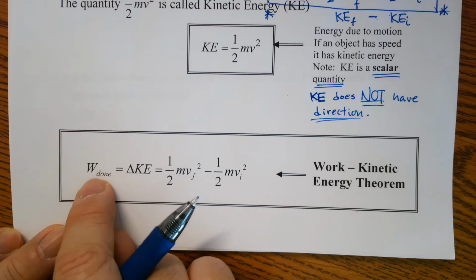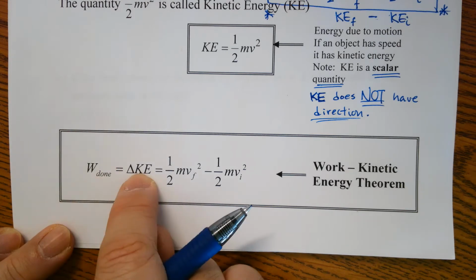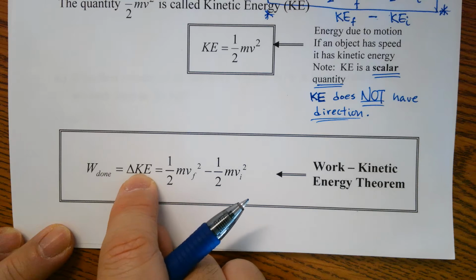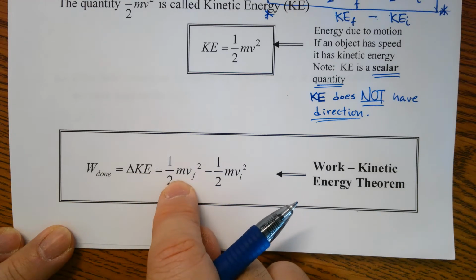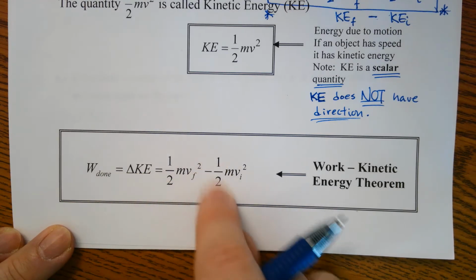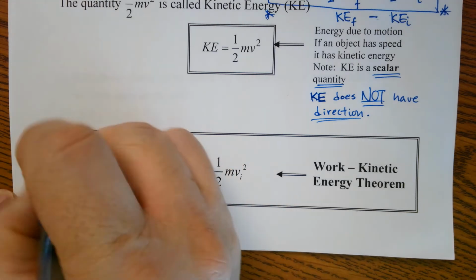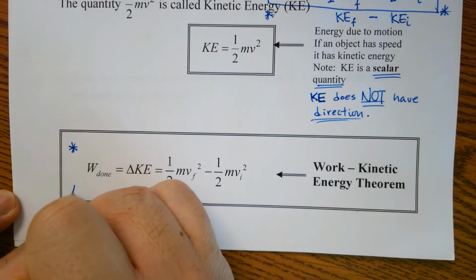So the net work done is equal to change in kinetic energy, or 1/2 m vf squared minus 1/2 m v initial squared. Very, very important.